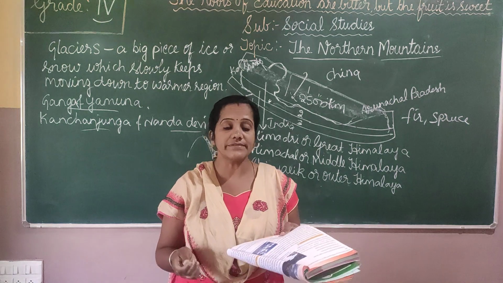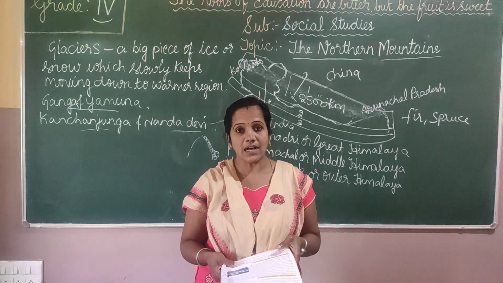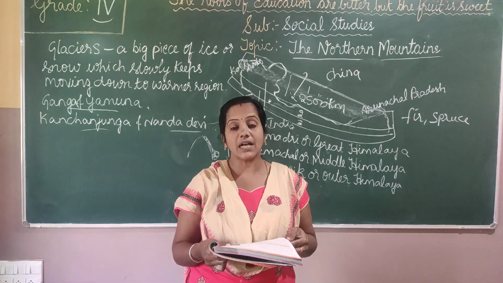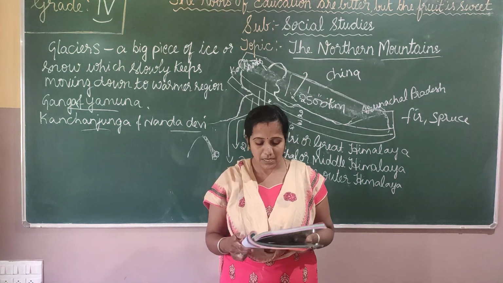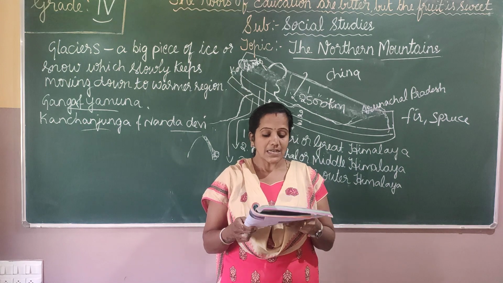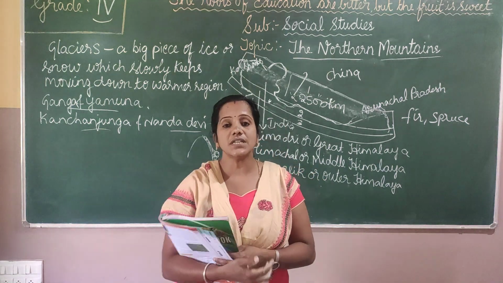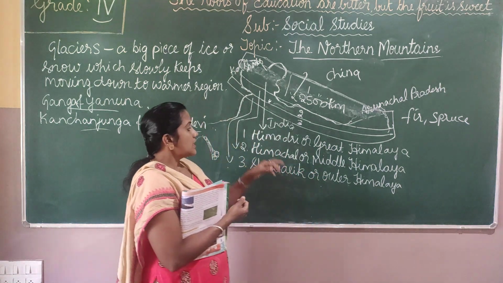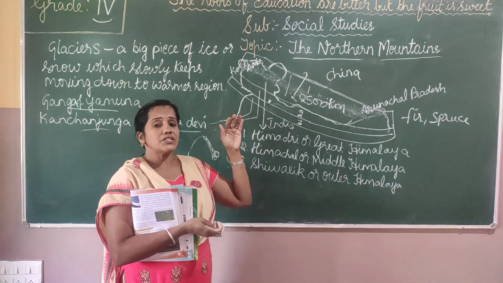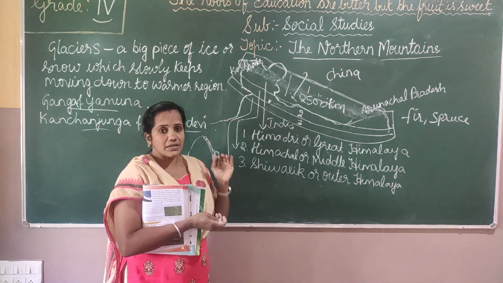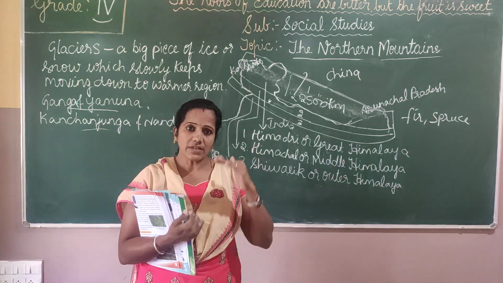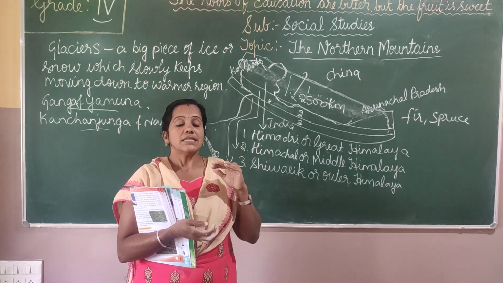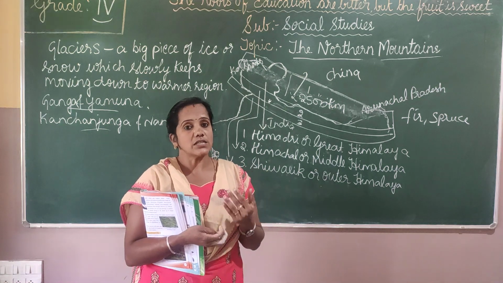So several rivers such as Ganga, Yamuna, Brahmaputra, Indus and Satluj originate from Himadri. As the glaciers roll down from the mountains and reach the warmer region, the ice melts and creates water.